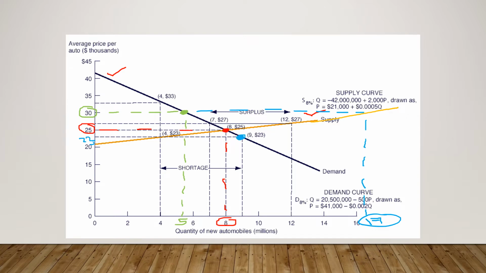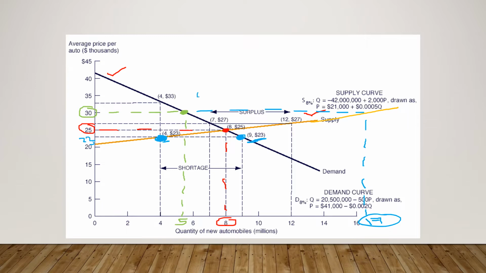At this price, the quantity demanded is 9, but the quantity supplied in the orange line or curve, the QS, is just 4. So in this case, there is more QD compared to QS, 9 versus 4. So when QD is greater than the QS, we experience a shortage.